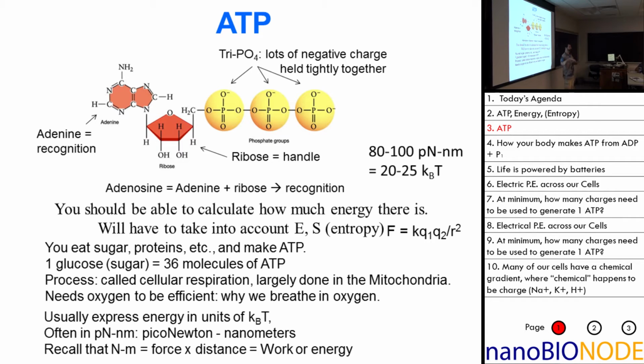Let's imagine you have an ATP and you break it into ADP plus phosphate, and you get a certain amount of energy released, and there's only water around. Now, let's say in another case you add salt around.